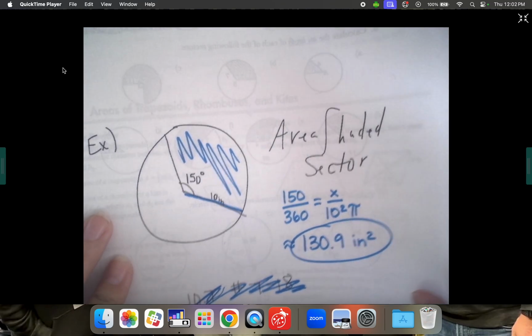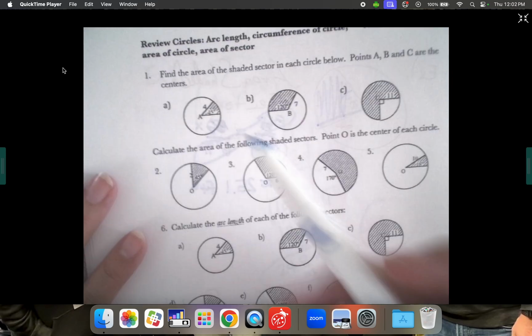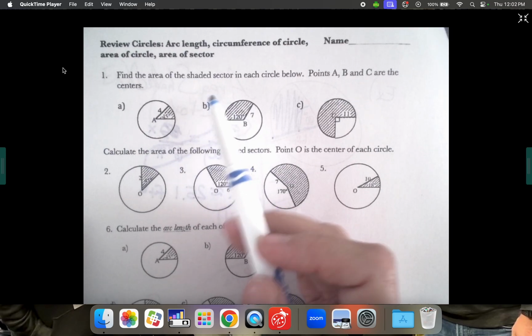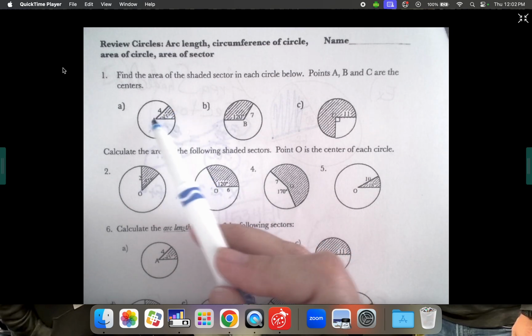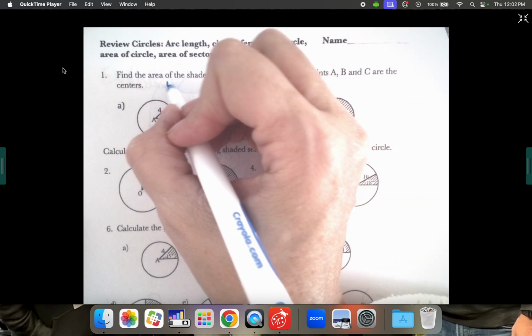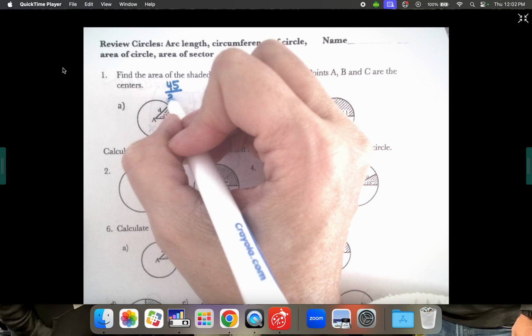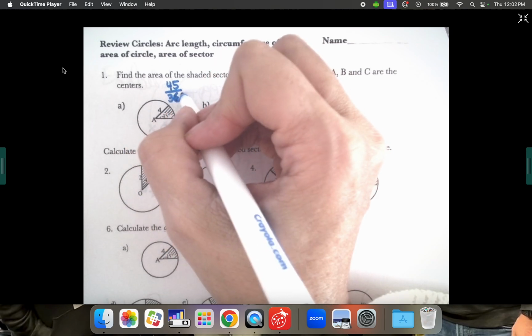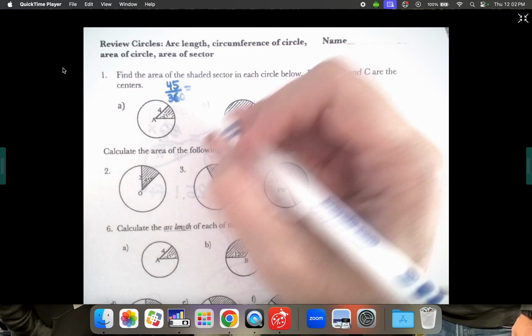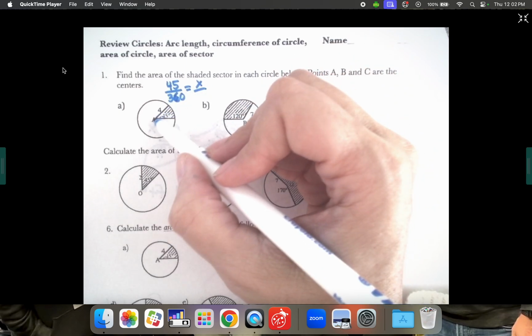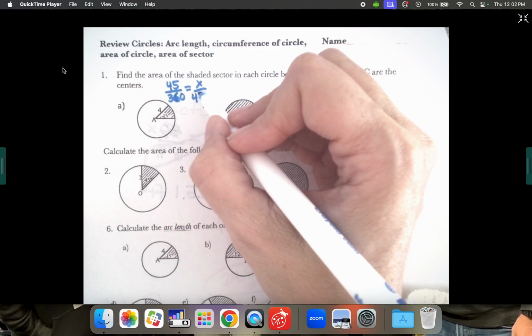All right, so let's look at the back. I'm going to do a couple of these problems with you just to make sure you kind of know what you're doing. Area of the sector, we've kind of already talked about that. So this is a 45 degree, so that would be 45 over 360 equals x that we don't know over 4 squared pi.